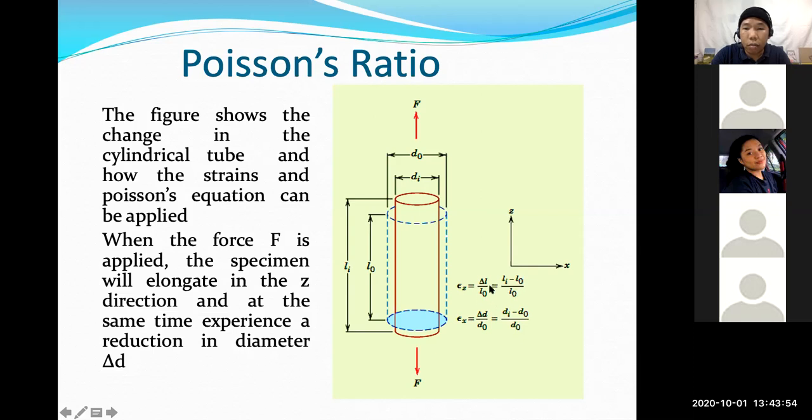You know the delta, right? So it's the change in length, the resulting length after you apply the force. So L sub i minus the original length, over the original length. So that's Poisson's ratio, depending on the considered direction. So elongated and due to the reduction in the diameter.